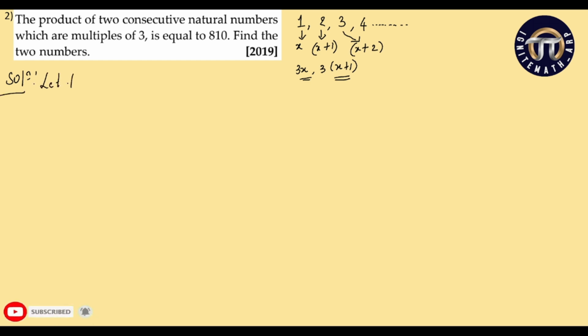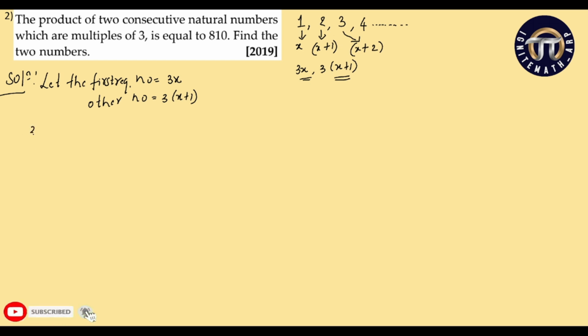Let the first required number be 3x, and the other number, which is consecutive as well as a multiple of 3, I'm going to take as 3 into x plus 1. Now see the question there. The product of two consecutive natural numbers which are multiples of 3 is equal to 810.